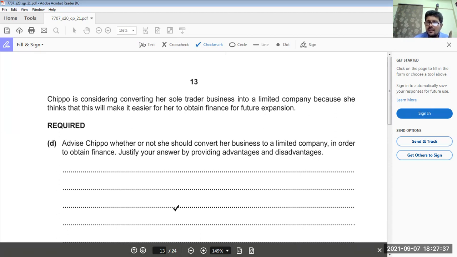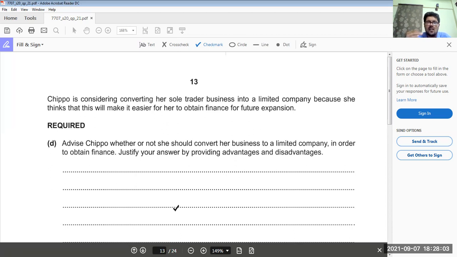You get the largest amount of capital. There is possibility, a lot of opportunities available. But the problem is when you convert into a limited company, there are crushing legal formalities. You have to follow all the legal formalities. You cannot enjoy the freedom of a sole proprietor.